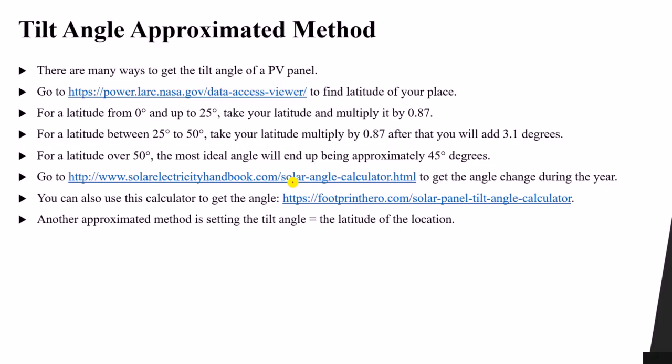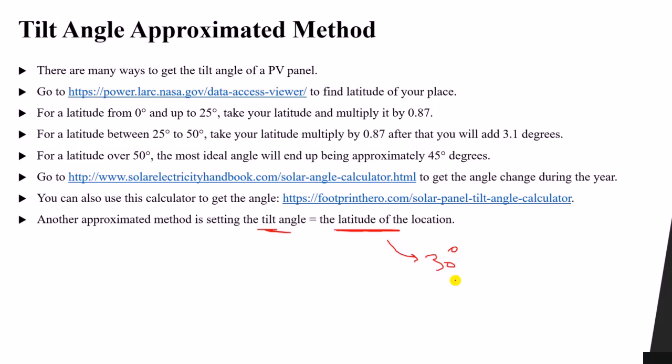Finally, there is another approximate method that many solar engineers use: they say that the tilt angle is equal to the latitude of the location. So if the latitude of the location is 30 degrees, then the ideal tilt angle will be 30 degrees.